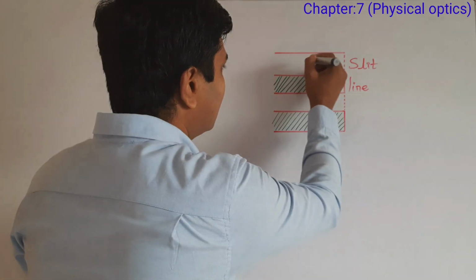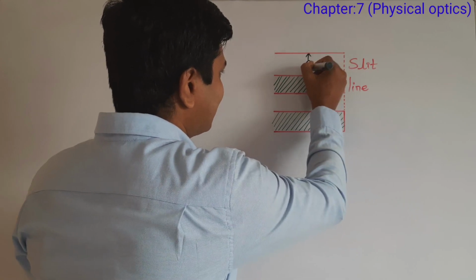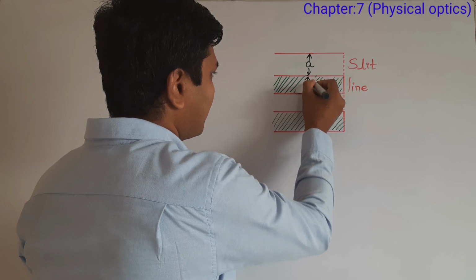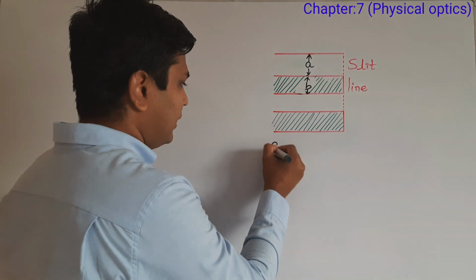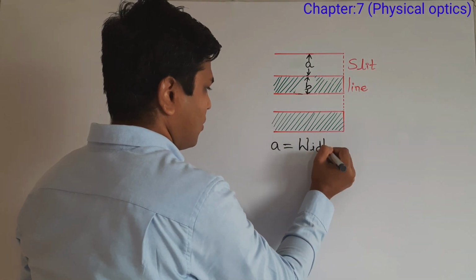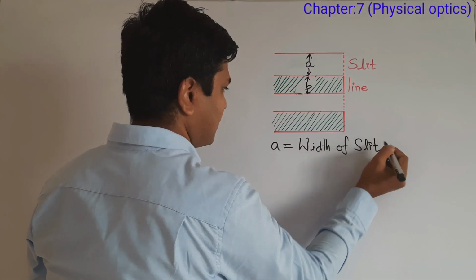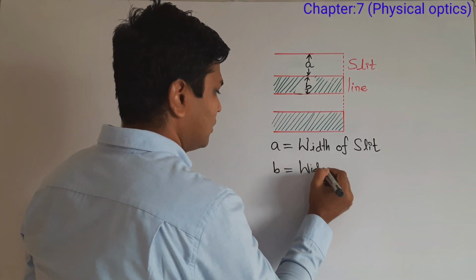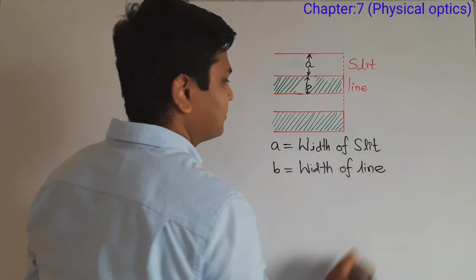Suppose we consider the width of the slit is A and the width of the line is B. Here A is the width of the slit and B is the width of the line.